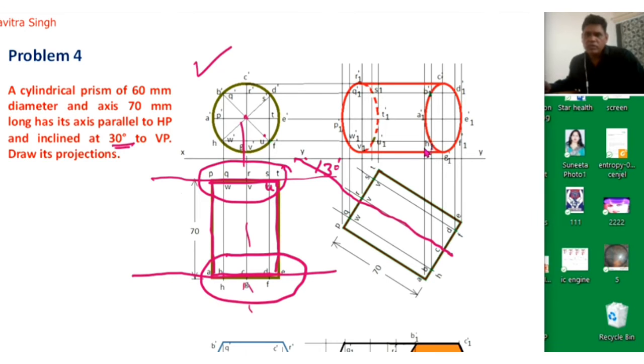Okay, so the intersection of these horizontal lines and vertical lines will give you 8 points, and we will connect all these points, so we will get this surface.